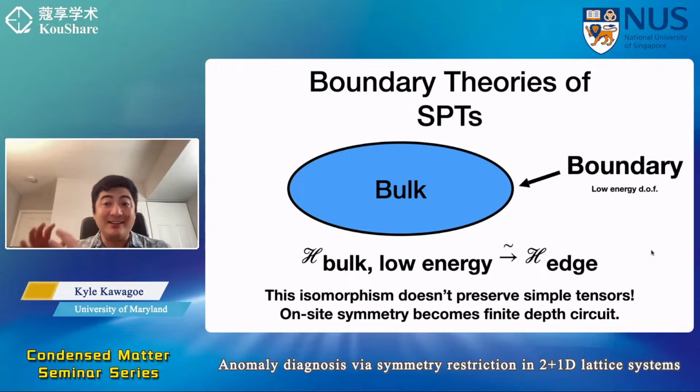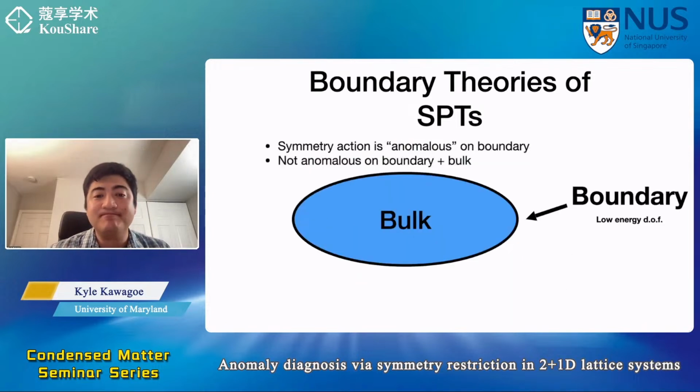It becomes some finite depth circuit on the boundary. When this happens, we say that the boundary symmetry is anomalous. If your on-site symmetry in the bulk becomes a truly on-site symmetry on the boundary under this isomorphism, then the boundary is non-anomalous, if you'd like. We're interested in looking at the anomalous case and characterizing that.